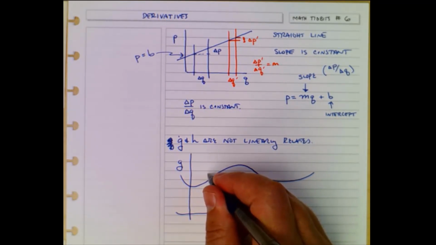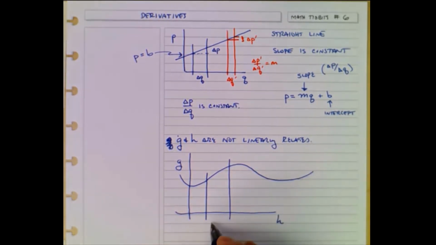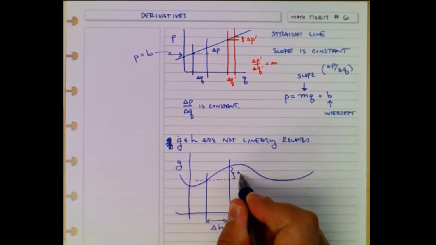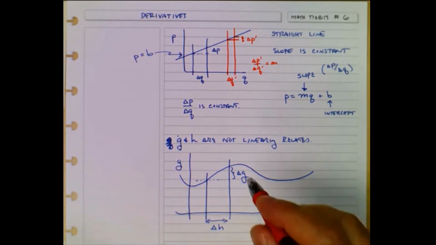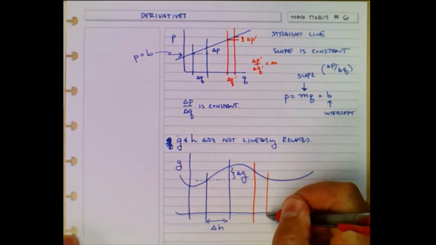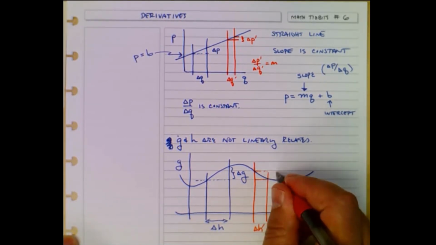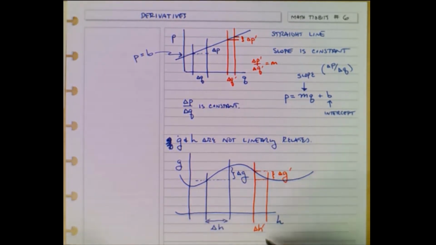So again, if I take some finite interval here, from here to here, let's say, call this delta h, and call this amount delta g, those values in that location are not going to be the same as, let's say, delta h prime here, where that decrease in g, delta g prime, is going to be different.